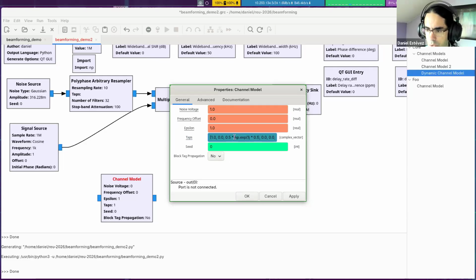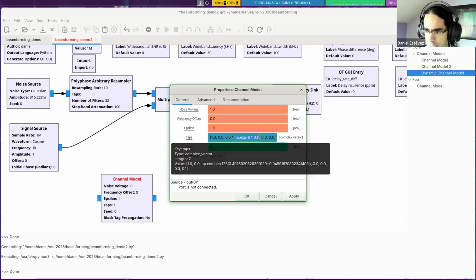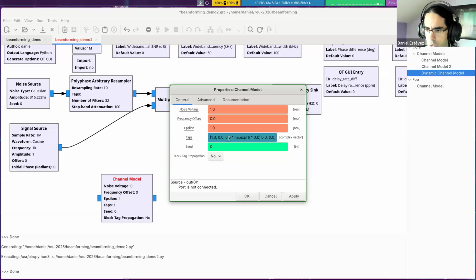So that is the thing we are going to use. We are going to use only one complex number to simulate a phase difference between the two receivers. But for receiver number 1, I'm going to leave this as amplitude 1, phase 0, which is just the complex number 1.0, which means basically do no changes to the signal.